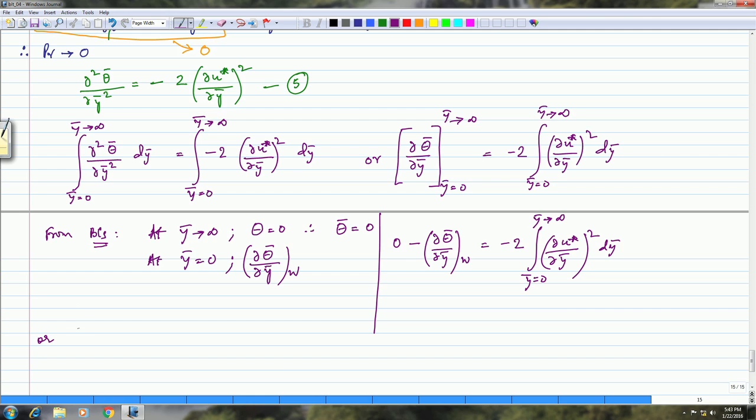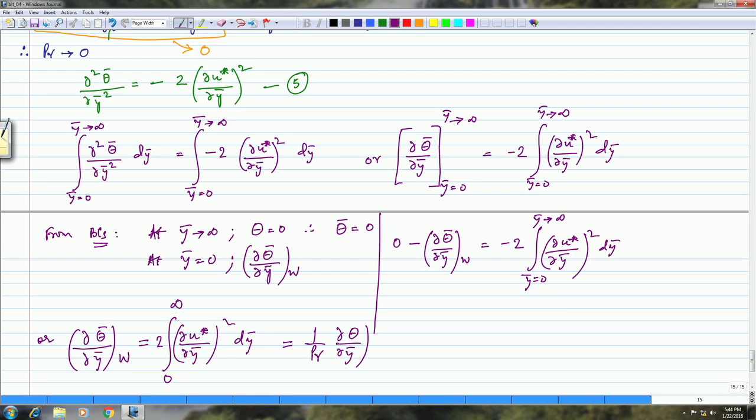So I can write, from 5, del theta bar del y at the wall is equal to the integral from 0 to infinity of 2 del u star del y bar, and this can also be written as 1 by Prandtl number at the wall, isn't that so?